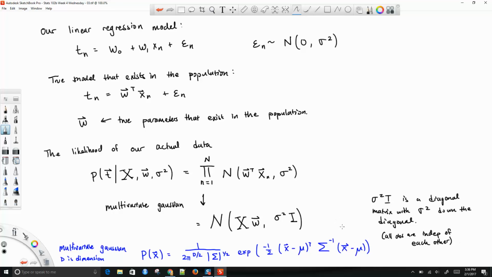So it ends up being the product of all of these normal densities together. Okay, in this case, yes.